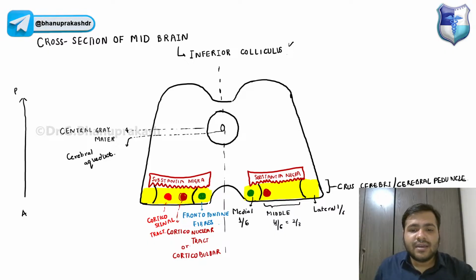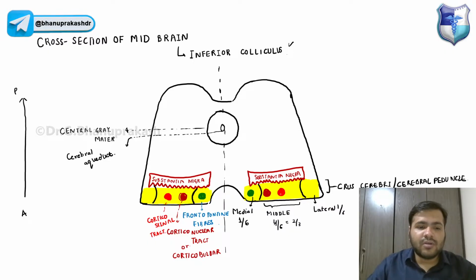Now guys, the corticonuclear tract is related to the various cranial nerve nuclei, while the corticospinal tract is something we have discussed earlier in the spinal cord.